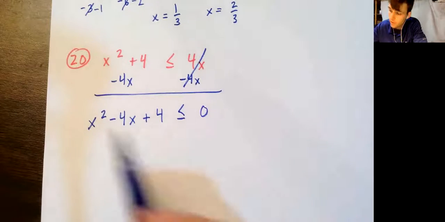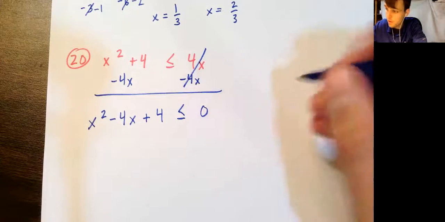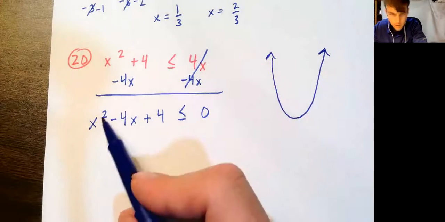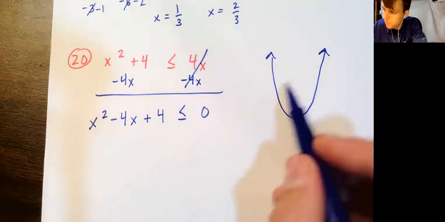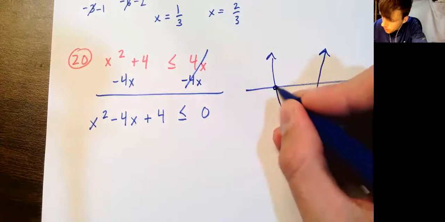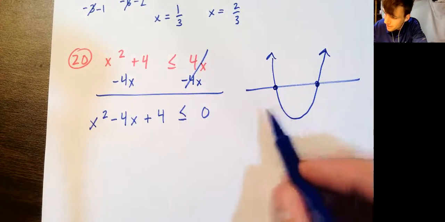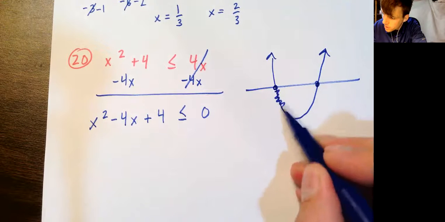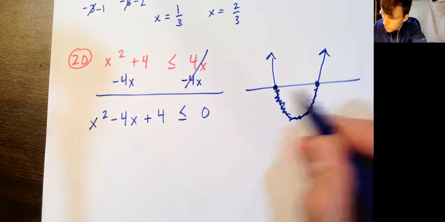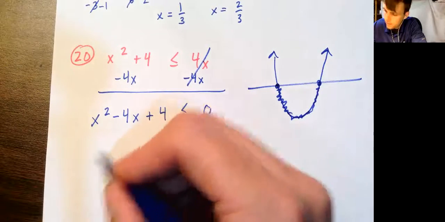Again, positive leading coefficient here, so I'm talking about a parabola opening upward because it's x squared. Squared always makes a parabola. It's less than or equal to, so we are going to include our boundary values this time, and we want to know when it's less than 0. So we are looking for the region below the x-axis. We're looking for this part, so we need to know it's between these numbers, and we'll factor it.